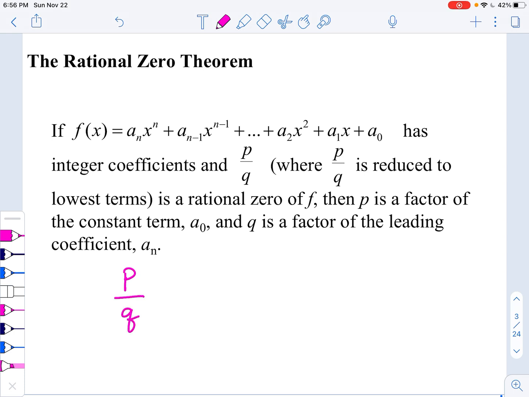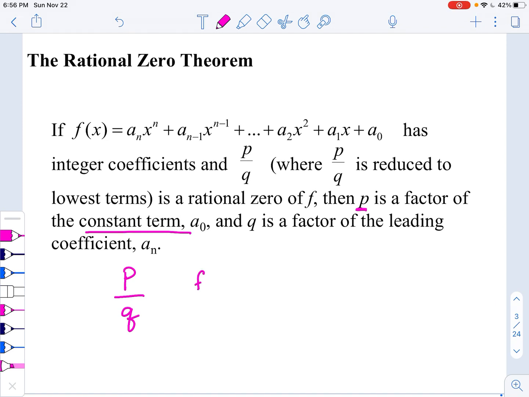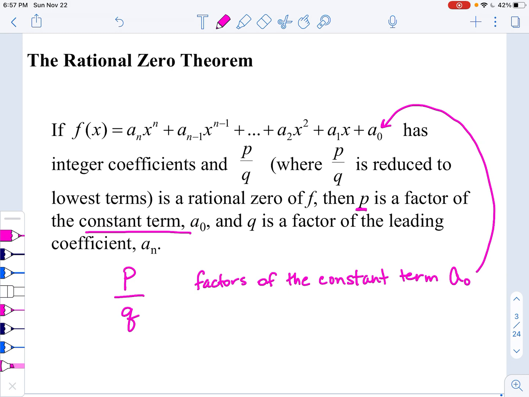The p tells us that p is a factor of the constant term, a sub 0. So we are going to look at the factors of that last piece, and we are going to divide it by the q, which is a factor of the leading coefficient, a sub n.